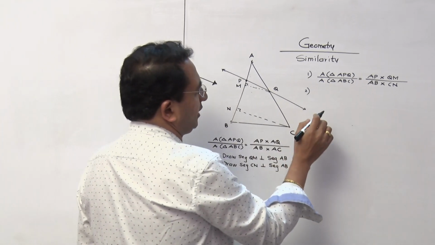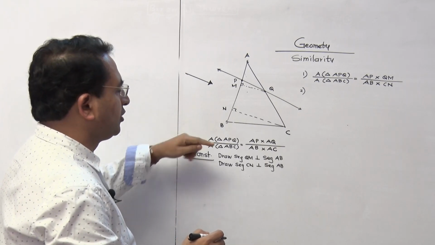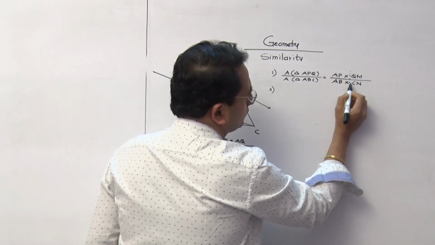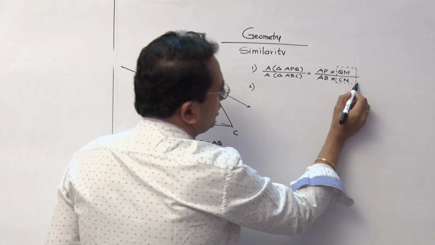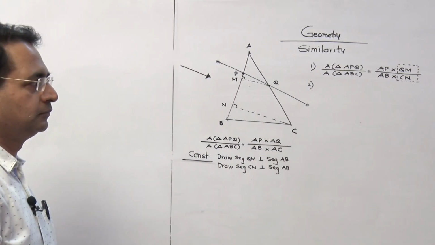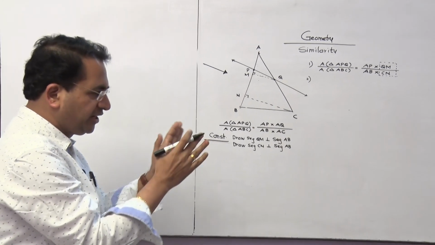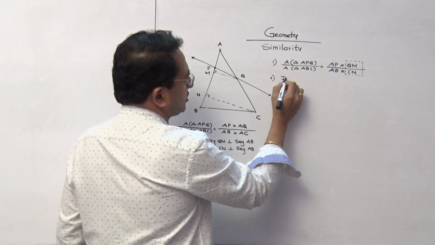So now you tell me, whatever you are asked to prove and whatever you are getting, only this part is different. So now what I will do, I will try to correlate this ratio with something. In the exam also you can put this dotted box. It is a presentation part, of course.